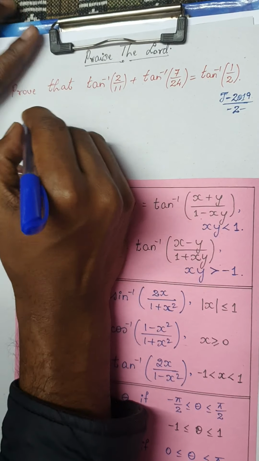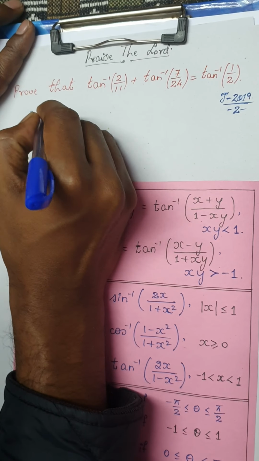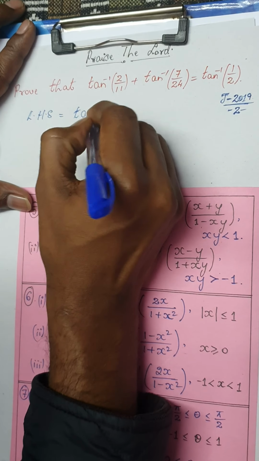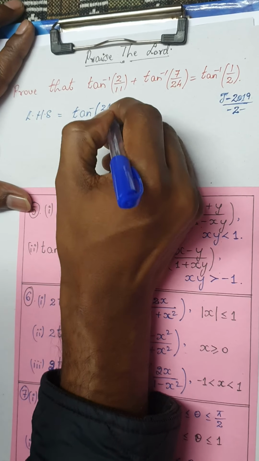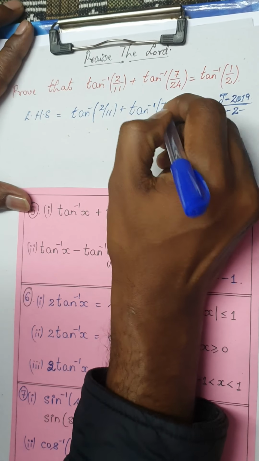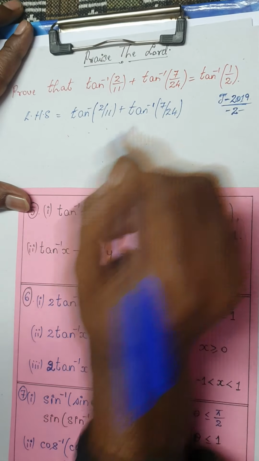Now what we have here is LHS. Consider the left hand side here. Left hand side is tan inverse of 2 by 11 plus tan inverse of 7 by 24.